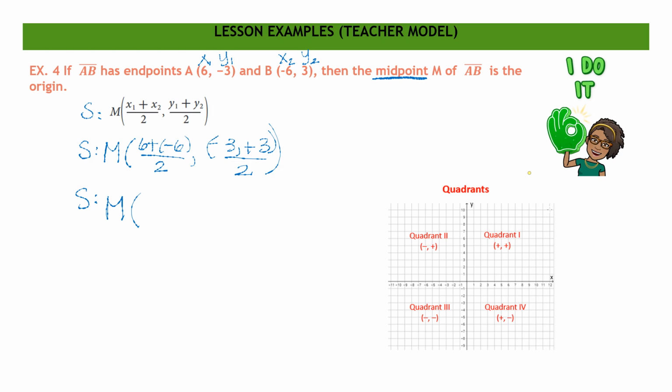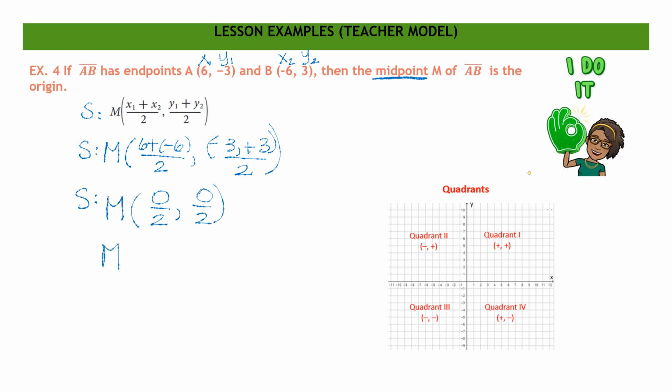So we have 6 plus -6, which is really 6 minus 6, which is 0, divided by 2. And then we have -3 plus 3, which is really 3 minus 3, which is 0, and that's divided by 2.